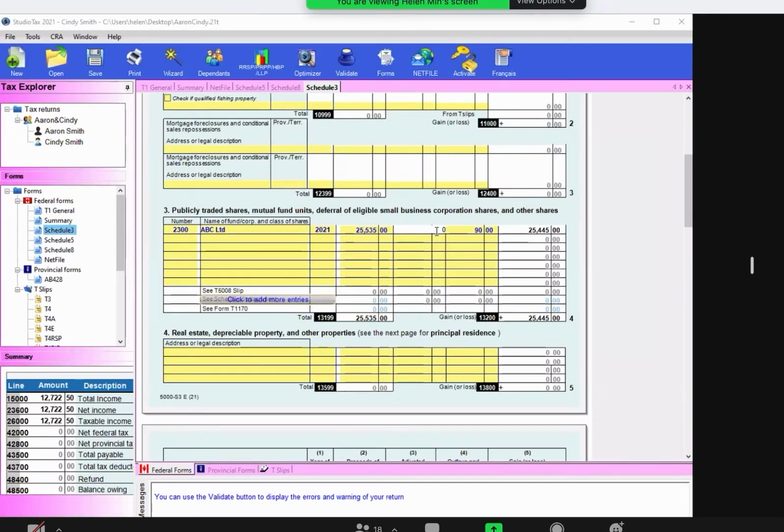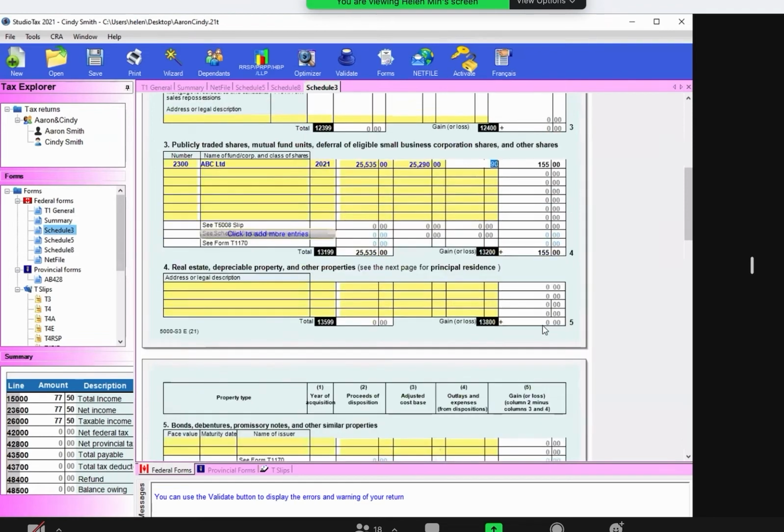That's 25,290. Okay. Then they will give to you, the system automatically gives you 155, right? 155. So the system automatically gives that to you. That's the capital gain in 2021.